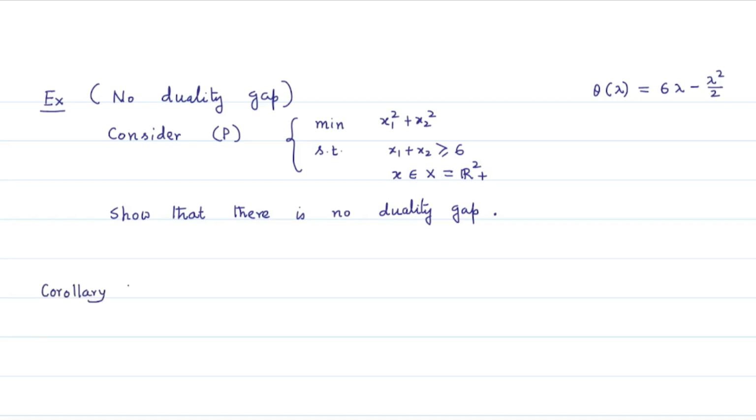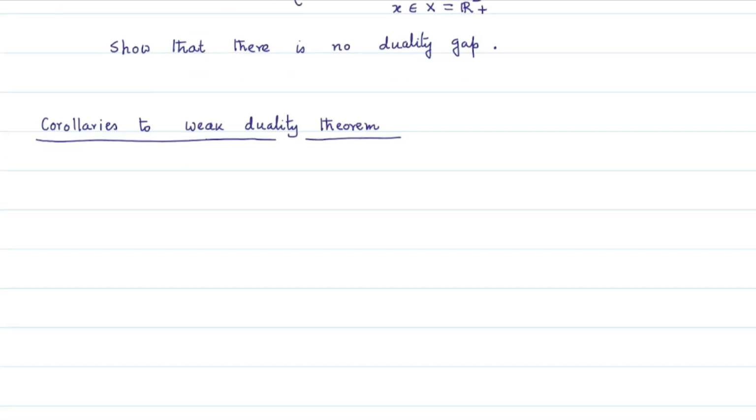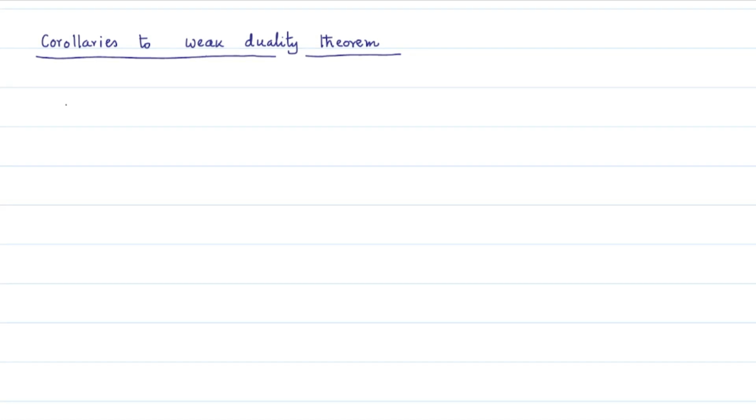Now we will consider a few immediate corollaries to the weak duality result. The first corollary is the following: if you have found a pair of feasible solutions to the primal and the dual, at which the value of the primal objective function and the value of the dual objective function are the same, then this pair of feasible points x star and lambda star mu star are certainly optimum points, a minimum point of this primal problem and a maximum point of the objective function theta of the dual problem.